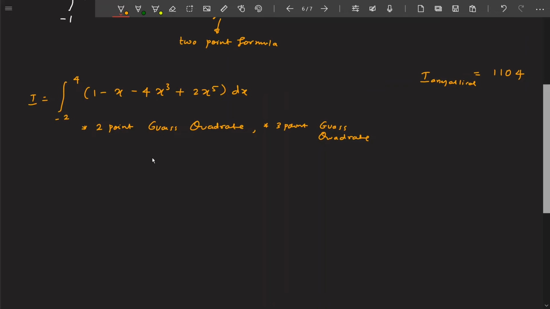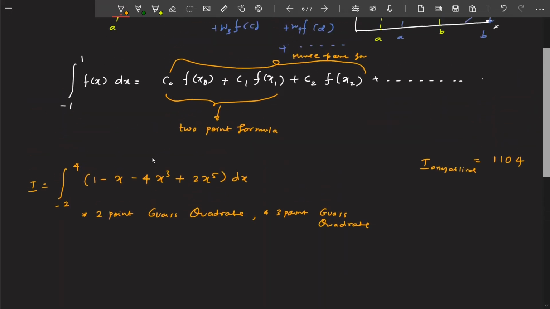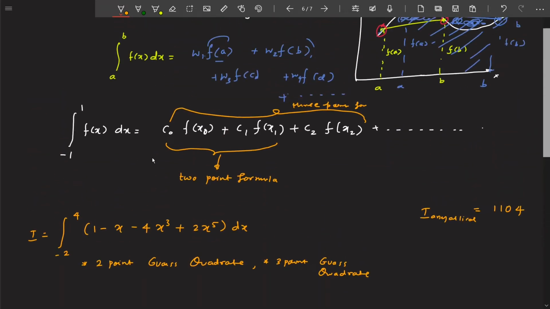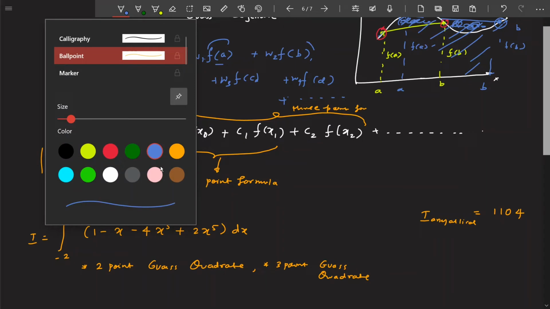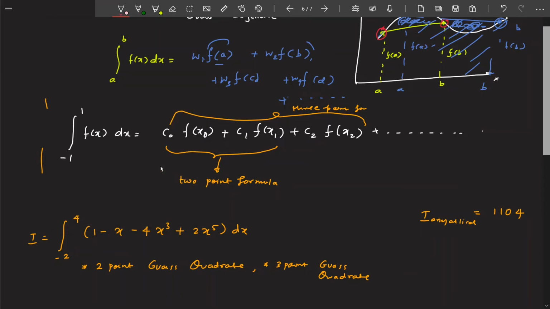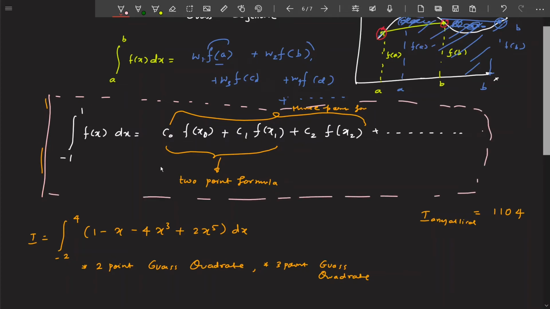Okay, now one thing you might have noticed is that the formula of Gauss Quadrature, this is the formula of Gauss Quadrature, and the limits of this formula run from -1 to 1.